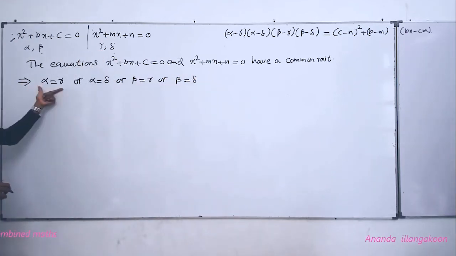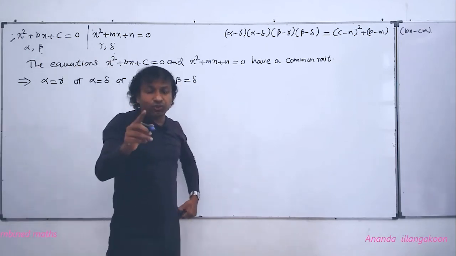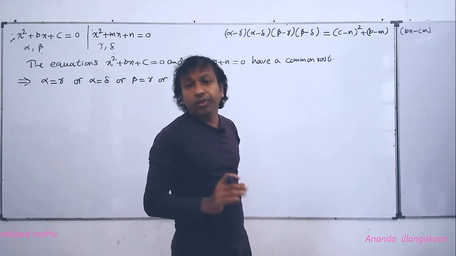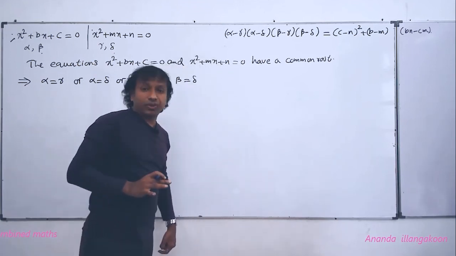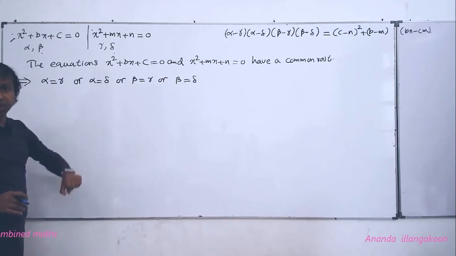Out of these 4, definitely one should be occurring for them to have a common root. They must have a common root. Then one of these 4 must definitely occur.